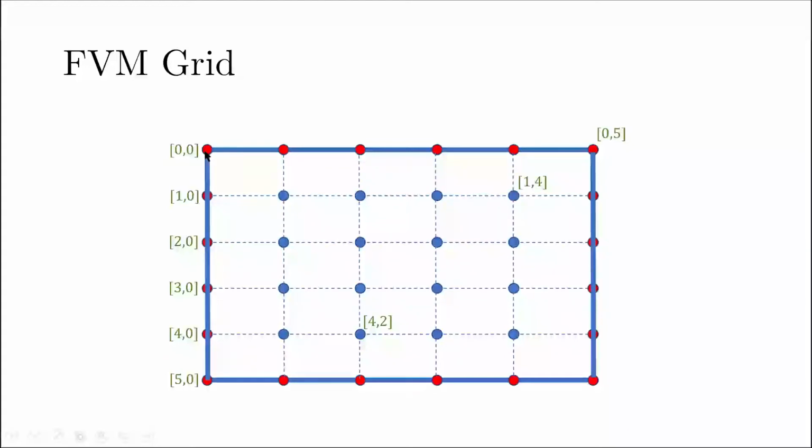If this point is 0, 0, then the point lying vertically downwards, in the second row, would have a row index of 1, whereas the column index is 0. Similarly, for all the points lying vertically downwards, the row index would increase by 1.